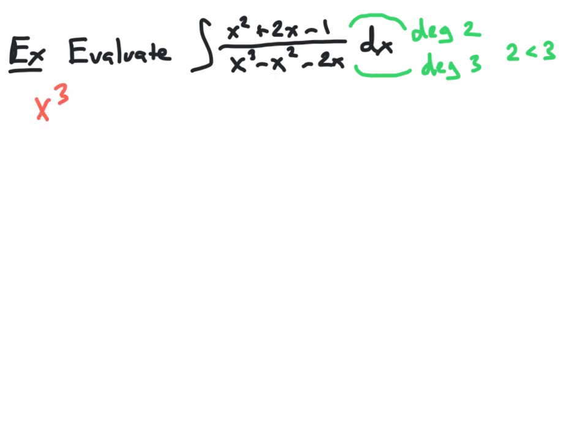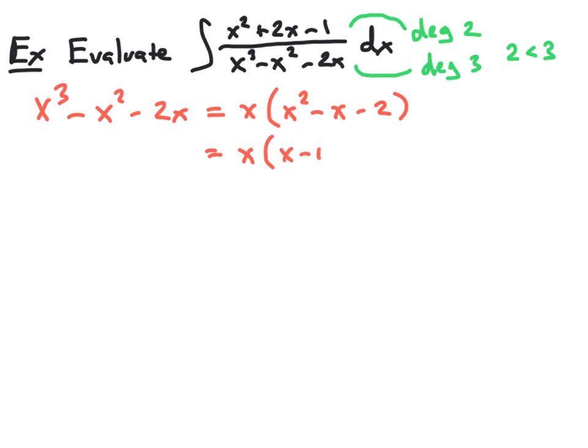Here our denominator is x cubed minus x squared minus 2x. We notice that each of the terms has a factor of x, so we can first factor out an x from every term. When we do that, the remaining expression is x squared minus x minus 2, and that is a very straightforward factoring quadratic.